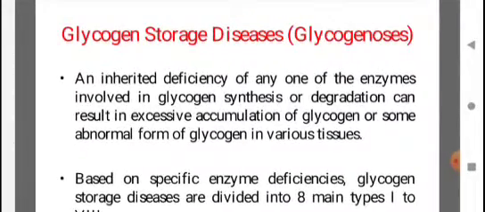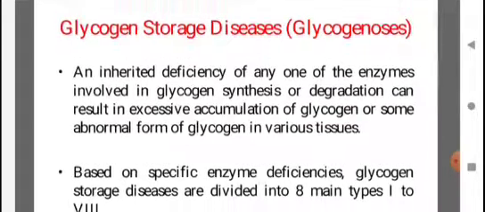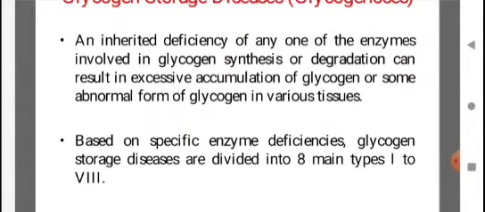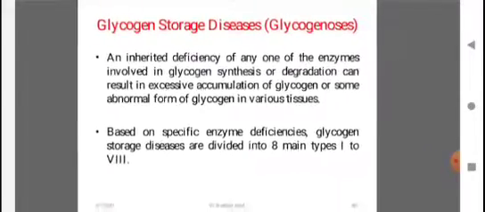Glycogen storage disease, or glycogenosis. It is an inherited deficiency of any one of the enzymes involved in glycogen synthesis or degradation, and can result in excessive accumulation of glycogen or some abnormal form of glycogen in various tissues. Based on specific enzyme deficiency, glycogen storage diseases are classified into 8 subtypes, type 1 to type 8.